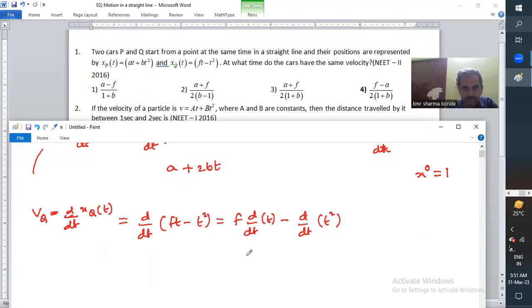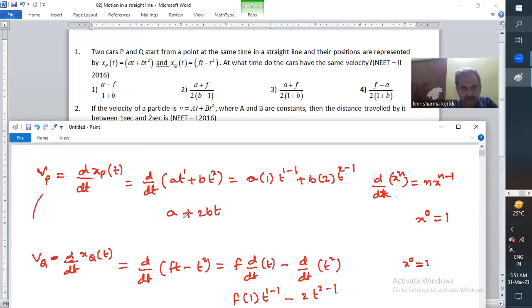So once again differentiation of t is 1 into t to the power of 1 minus 1, minus 2 into t to the power of 2 minus 1. So once again t to the power of 0 is 1. So you will be left with only f minus 2t. You call this equation 2. So this is the velocity of car Q.